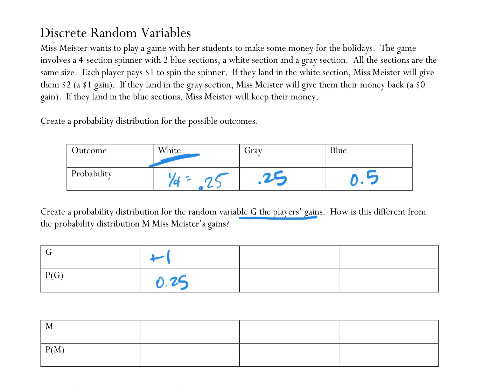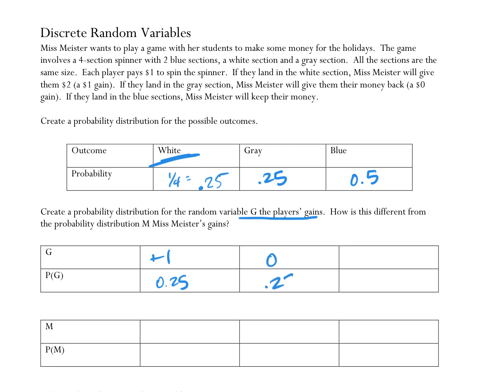So we have the probability from the spinner, and then we have the random variable. Typically, we use capital letters to describe random variables. So I'm using G to stand for a player's gain. Okay, what if you land on gray? What's your gain? You get your money back, right? So you're not walking away with less or more.